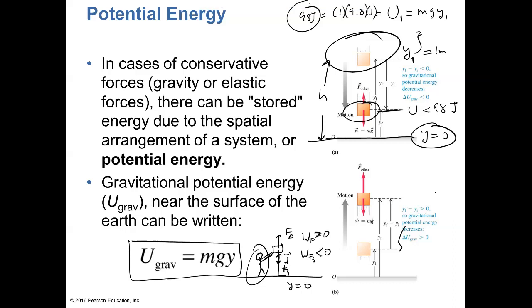But remember conservation of energy: energy cannot be created or destroyed. That means if you lose energy, it's only because it has been converted to some different type of energy. The type of energy it has been converted to is kinetic energy, because if you drop something, as it's falling, it moves faster and faster.